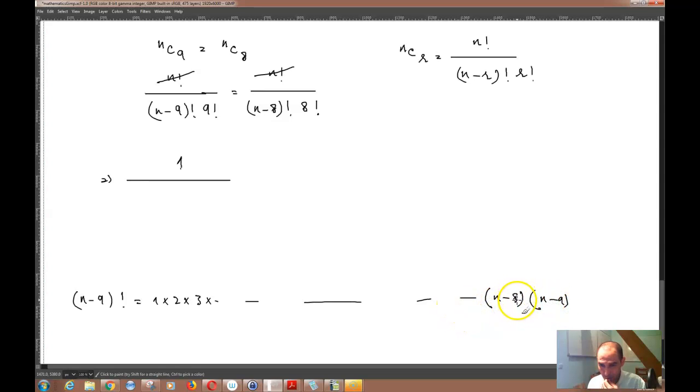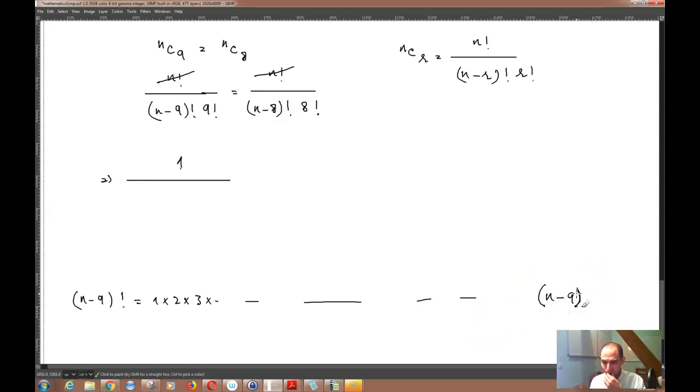I'm sorry. Over here, n minus 9 factorial is the same thing as 1 times 2 times 3, all of these, times n minus 9.